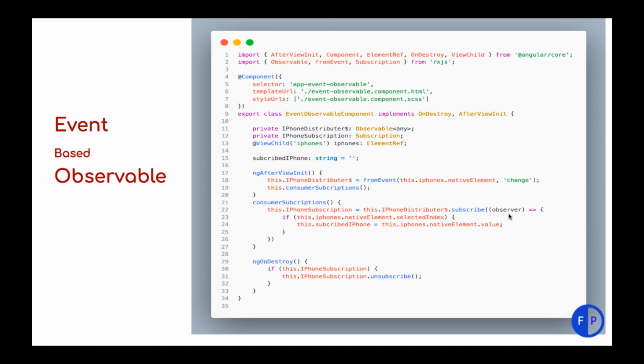There is an observer, and I'm checking if the native element's selectedIndex is not the first one, then put the value selected by the user into the string variable here, which is already being printed on the UI. That is the consumer part. It's a very basic interpolation.